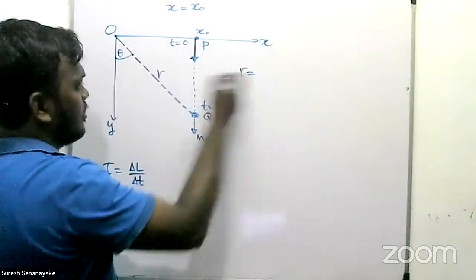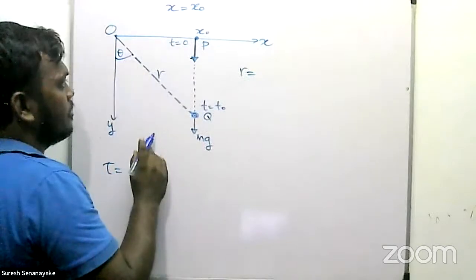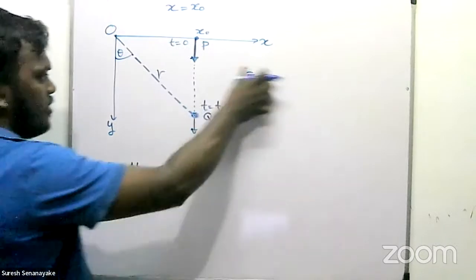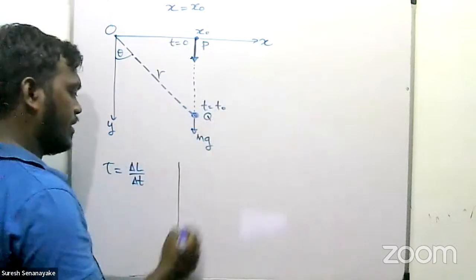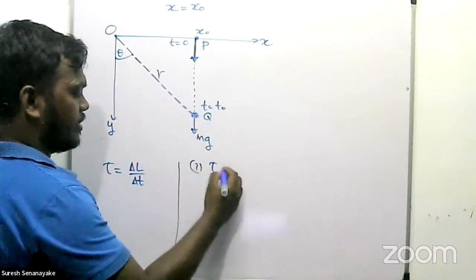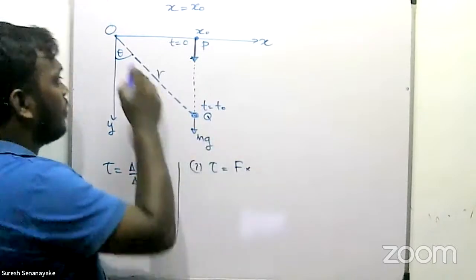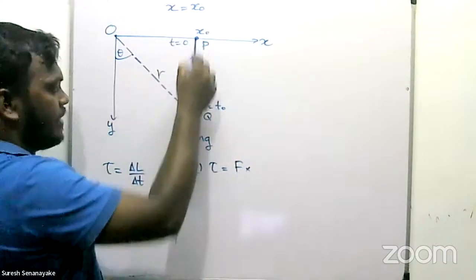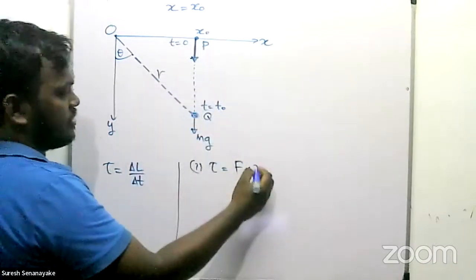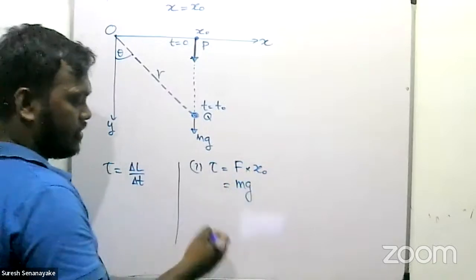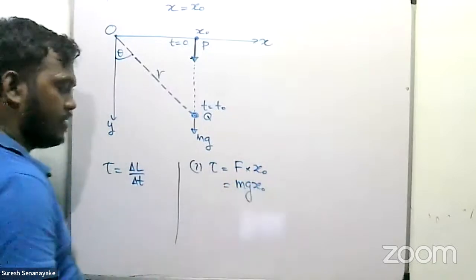If this is theta, then r equals... When you write r, the torque is the moment of force. Torque equals the force multiplied by the perpendicular distance to the line of action. This is the perpendicular distance. The force is mg, the weight applies the torque, so torque is mg x naught.